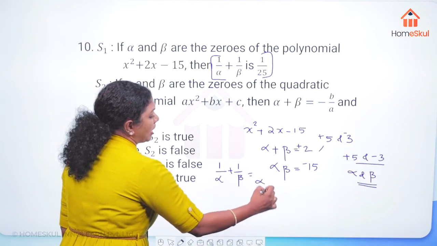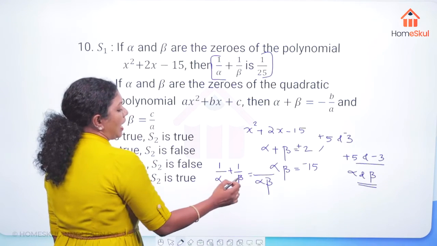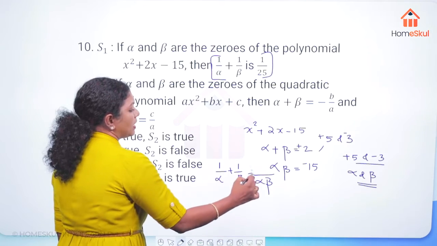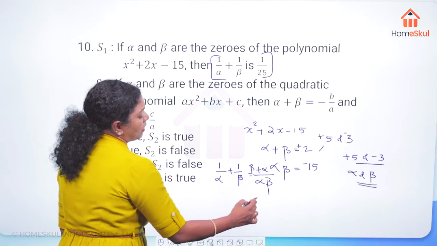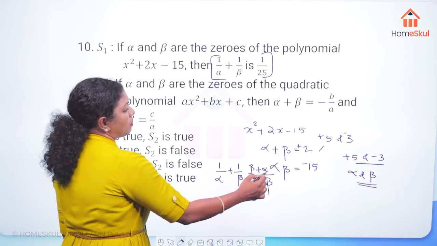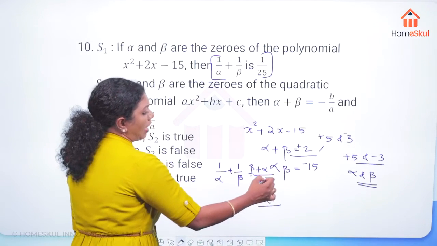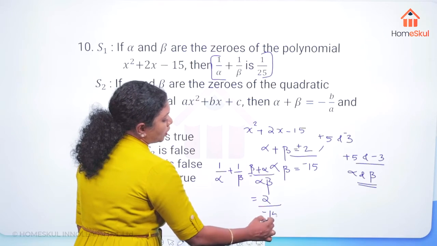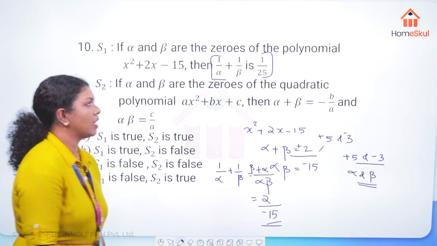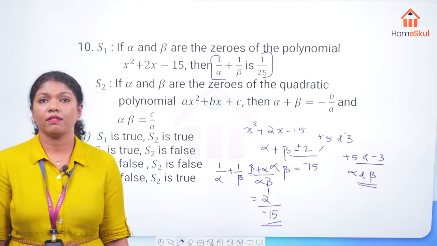The LCM will be alpha into beta and the numerator will be beta plus alpha, which is none other than alpha plus beta only. And what is alpha plus beta? The sum of the roots, which is 2 here, divided by alpha into beta, the product of the roots, minus 15. So 2 by minus 15. Is that equal to 1 by 25?